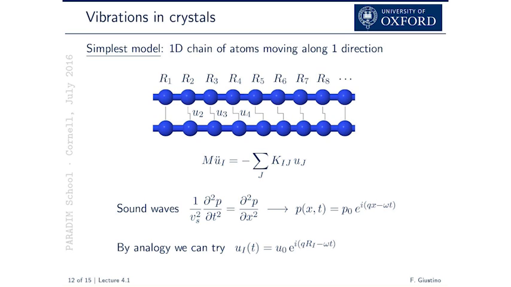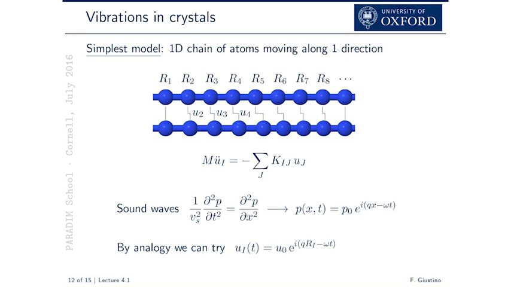It's easy to check that if you replace just a plane wave like that. Okay. So some amplitude and exponential i(qx minus omega t). So it's just a propagating wave. If you replace that here, you find basically the dispersion relations for sound. So there is nothing really complicated.